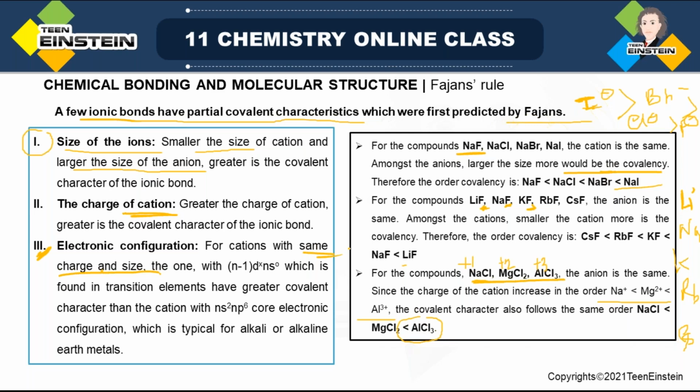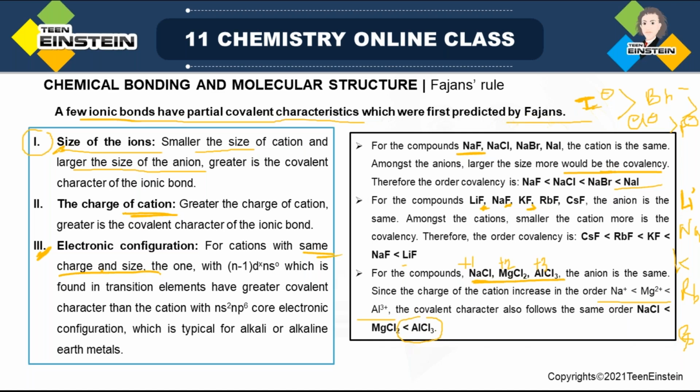Because if you are comparing two cations where the anion is fixed, and we are now discussing the electronic configuration rule, you have already seen that size of cation matters, smaller is better, and charge of cation matters, greater charge gives greater covalent character. Now you have reached the third point, so you have to freeze the first two points, then you can compare electronic configuration.